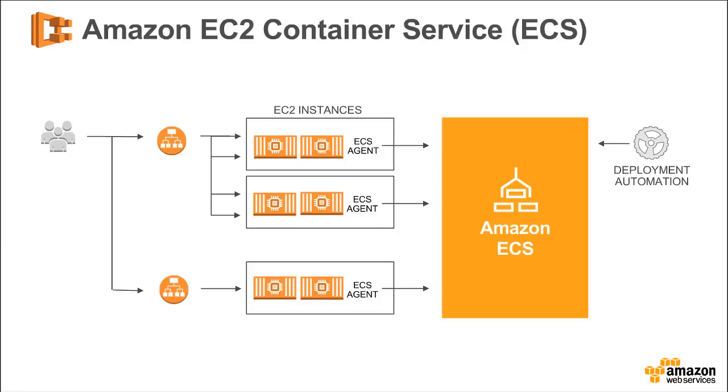So the components here are, we have our tasks, which are running on EC2 instances, and we have the Amazon ECS service, which is managing those tasks through an agent that's installed on each EC2 instance. And we have some kind of deployment automation that's talking to the ECS service. So what we're going to talk about now is what that automation is and how that works.